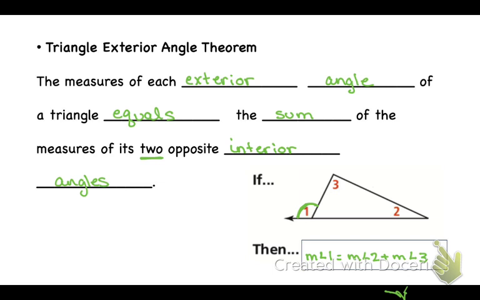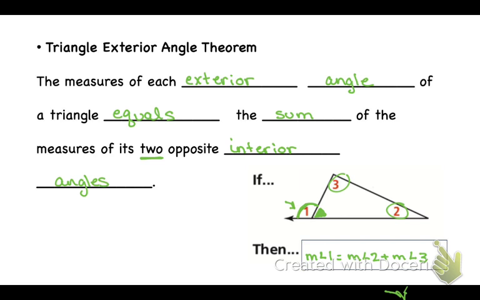So let's think about that a little bit. Why does that work? Well, what would 1 and the linear pair to it equal? 180. 180, correct? And if you have this angle in here and you have the rest of the 180 outside, don't these two have to equal the rest of the 180? Yes.